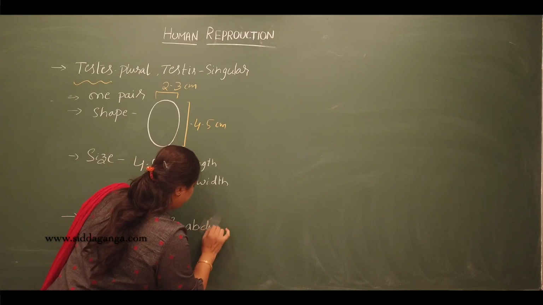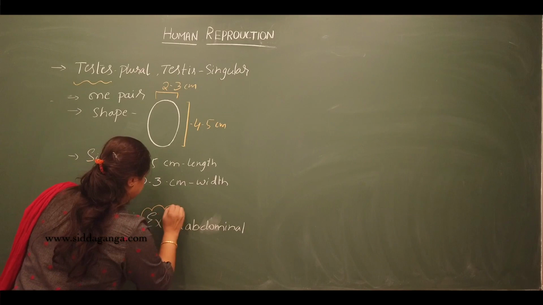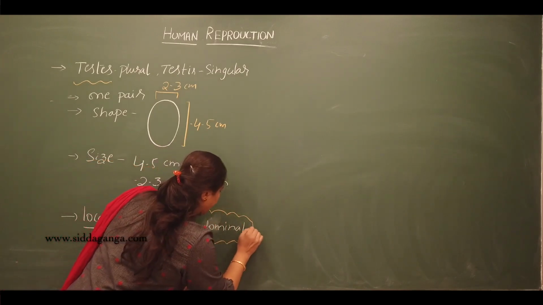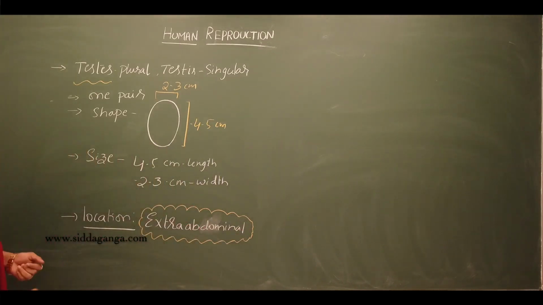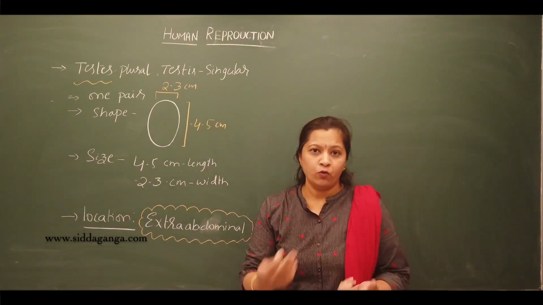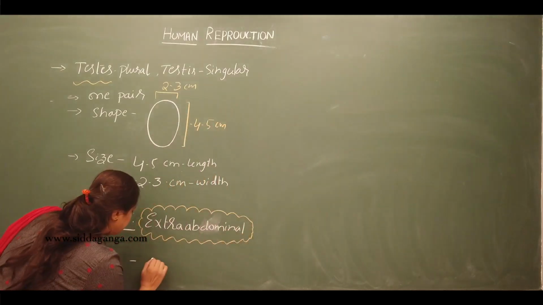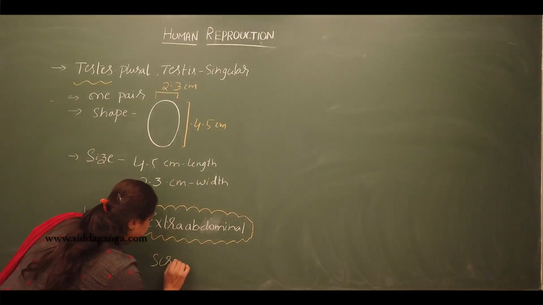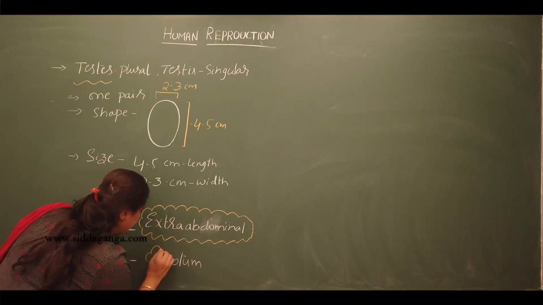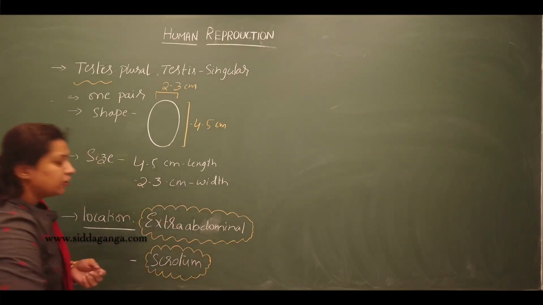Extra abdominal means they are not present inside the abdomen, but outside the abdomen in a pouch-like structure that is called the scrotum. The testes are located outside the abdomen in a pouch called the scrotum.